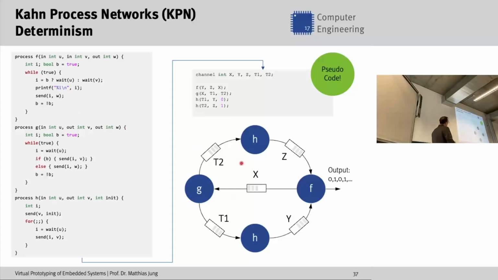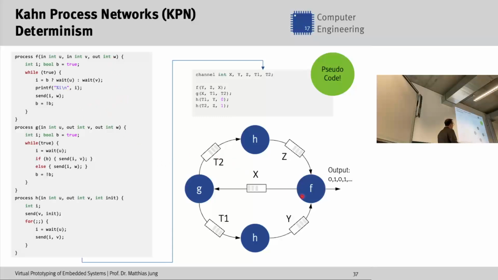So let's look at the process F here. This is defined here, and there you see it has an input of type integer, which we call u, and then we have another input which we call v, and then we have an output which we call w.